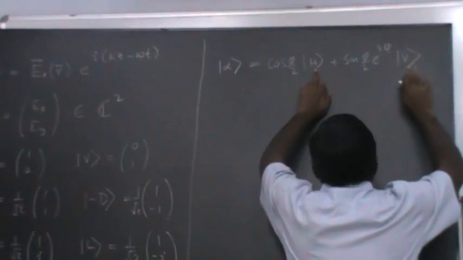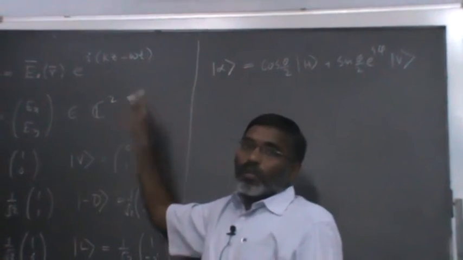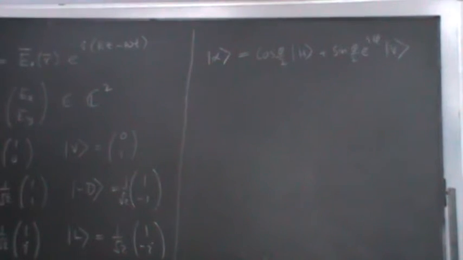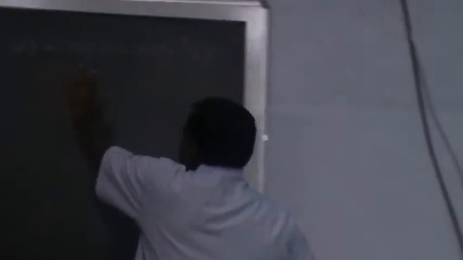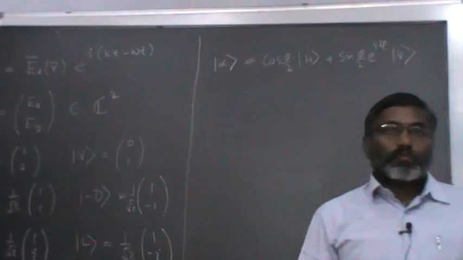So if I consider horizontal and vertical polarizations as the basis for my C2, then I can write the general polarization state in this way. Now realize that mod square of this plus mod square of this is equal to 1 by construction.